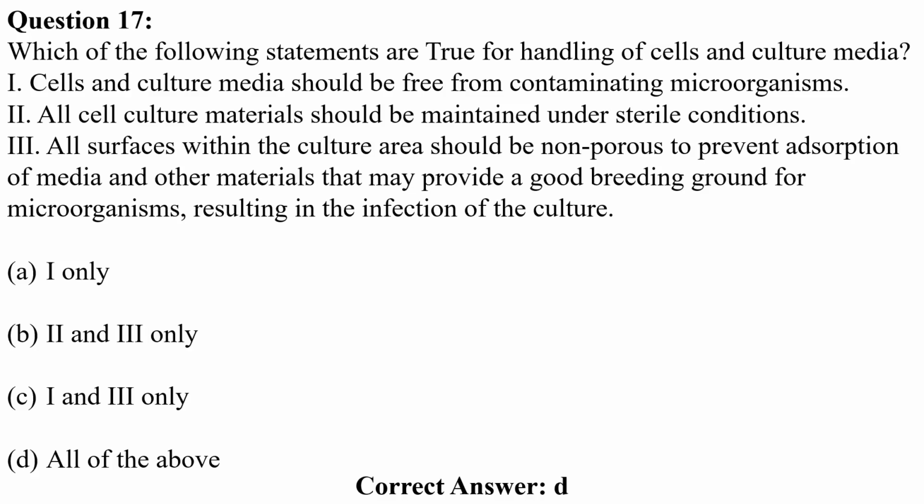So my cells and the cell culture media should be free of any contaminating microorganisms. They should be pure, in the sense that the cell line should contain only one type of cell, and the media should be free of any microorganism. It should not have anything until I'm adding the inoculum, which is also containing only one type of cell.